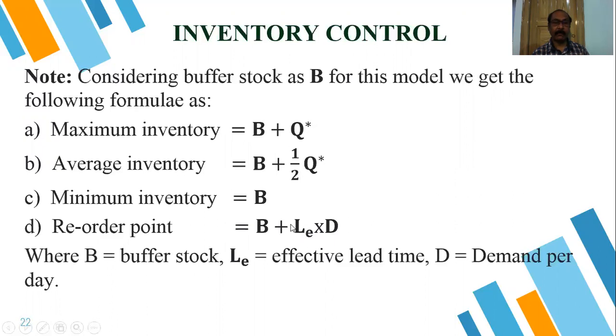Effective lead time: difference of the maximum lead time and the lead time. That difference we are taking, and that precaution we are taking for the stock. So buffer stock plus that precaution stock we are taking, LE into D. Where B is the buffer stock, LE is the effective lead time, D is the demand per day. It is better if we mention it as small d instead of capital D. That would be better for us and you also.